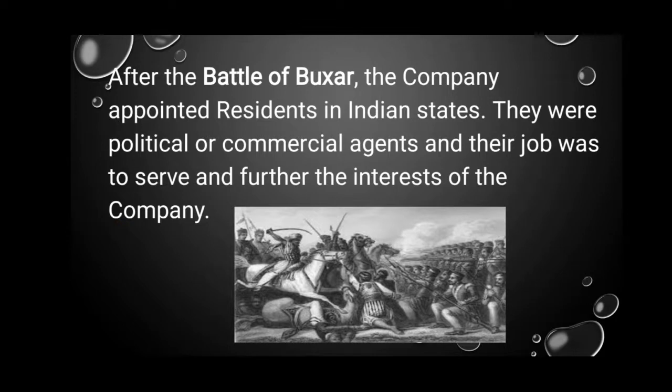So after the battle, the company appointed some people in Indian states, and they had to work and serve according to the interest of the company.